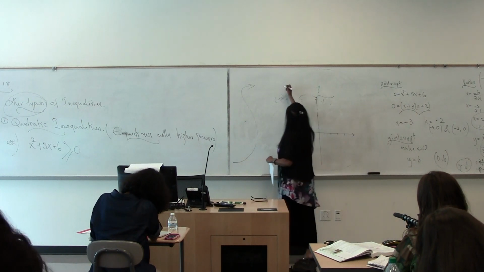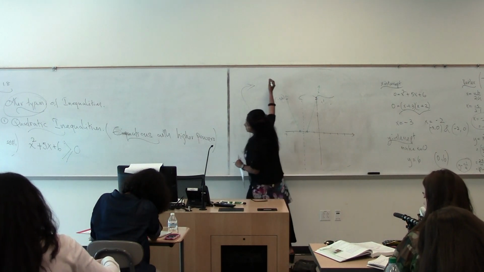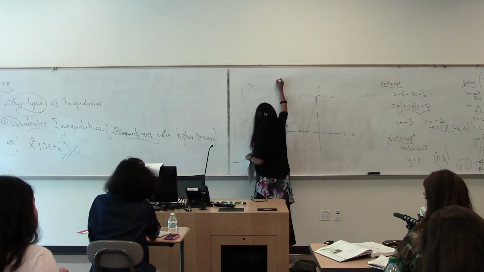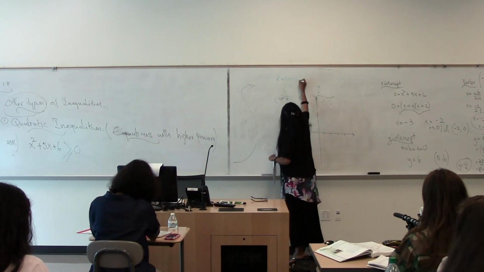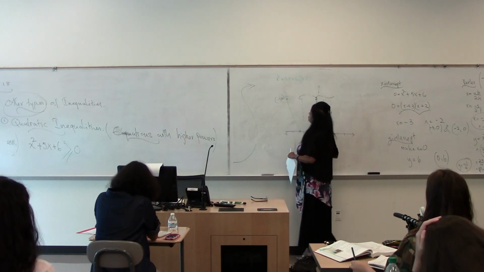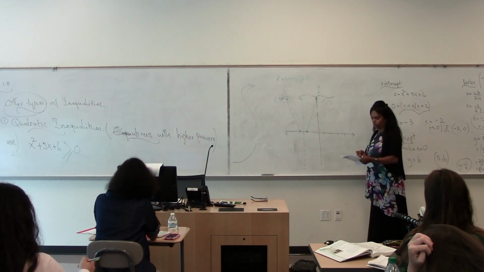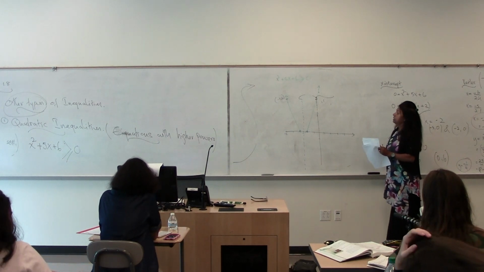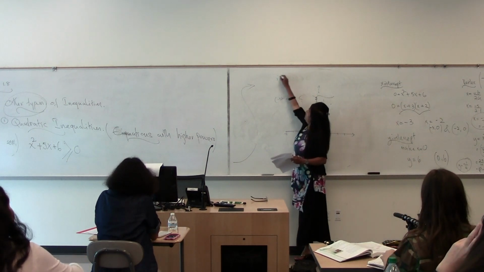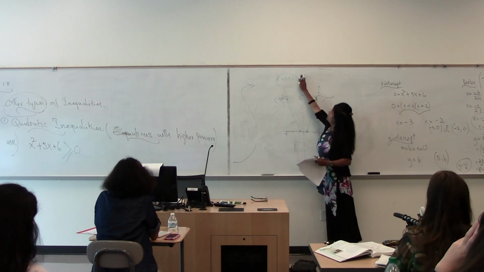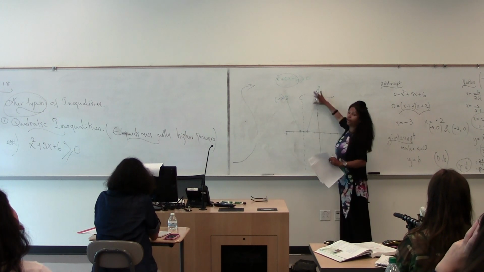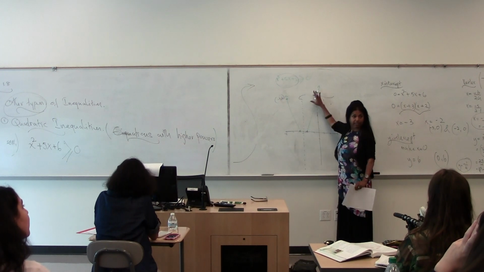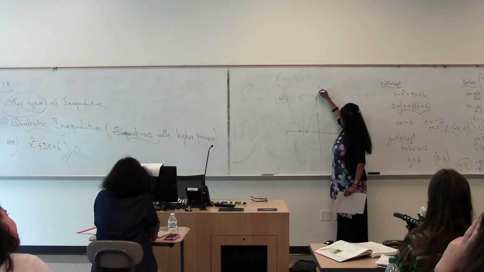We have the graph of this, so I'm going to write x squared plus 5x plus 6 greater than or equal to 0. Okay guys, now I want you to see something here. This is the y part, right? If this was just equal, we call this y, and this is the graph we have. This is the y value.